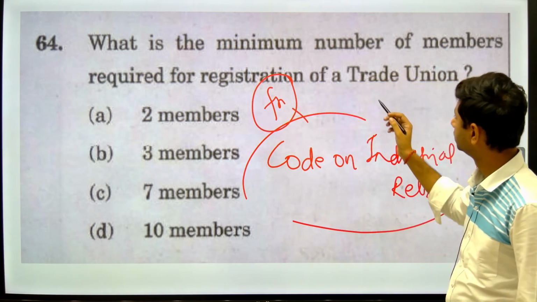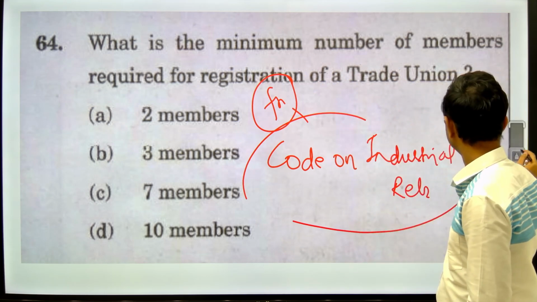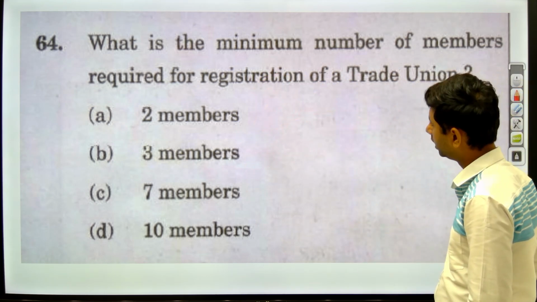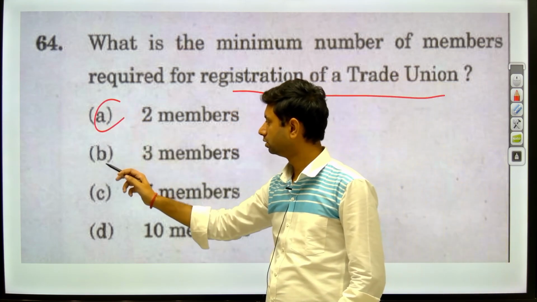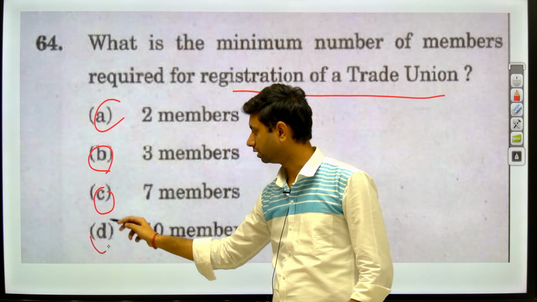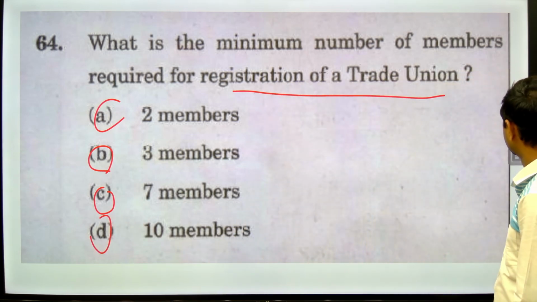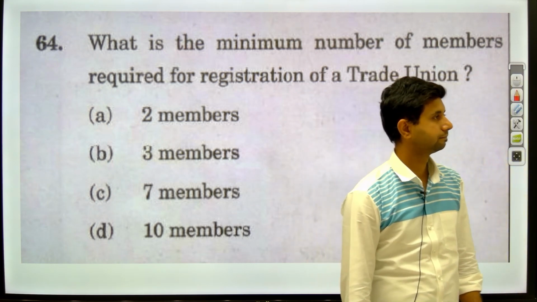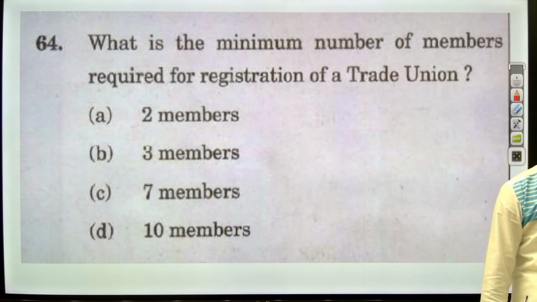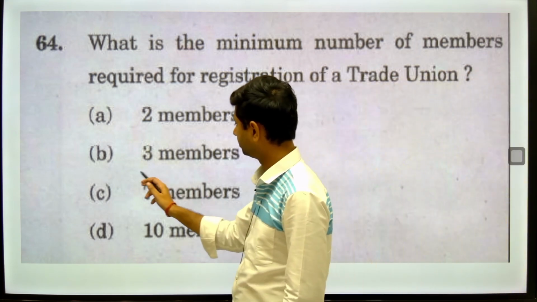So in order to function, how many minimum members are required for the registration of a trade union? The options are 2, 3, 7, 10. Tell me what's the correct answer. So the right answer is 7 members.